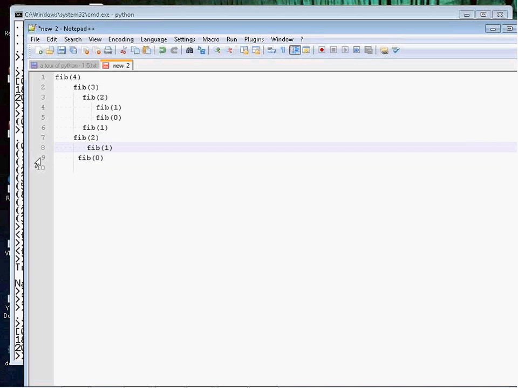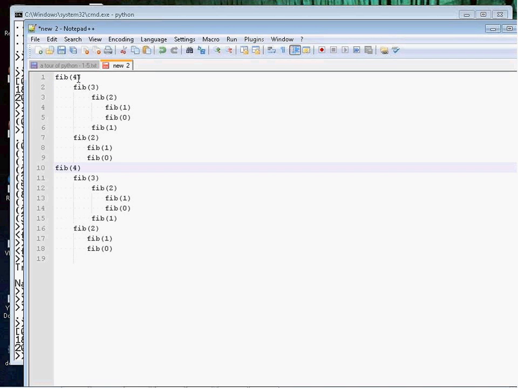Set this so I have the tabs going. Okay. That's what happens when you go to compute fib 4. Now, when you compute fib 5, according to this definition, you end up computing fib 4, and you end up computing fib 3.